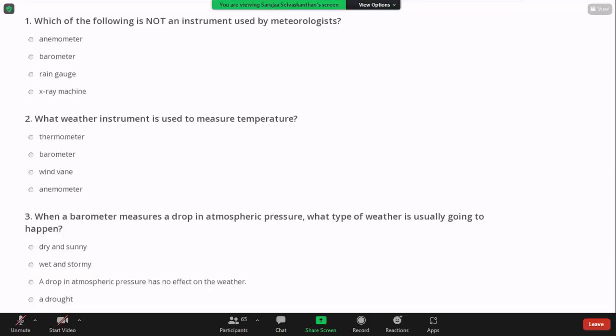Yes, ma'am. What is the answer for the first question? Which one of the following is not an instrument used in meteorological work? X-ray machine. Good, good.